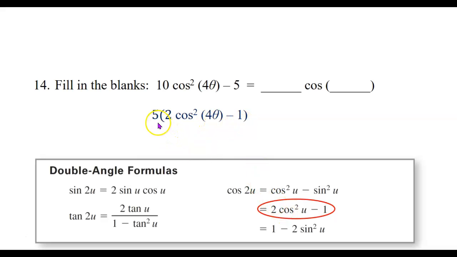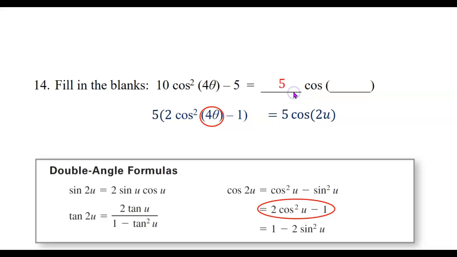And then the part inside the parentheses after we factor out the 5 really does look like this. So we've got 5 times something that is equal to cosine of 2u, where the part of u is being played by 4 theta.